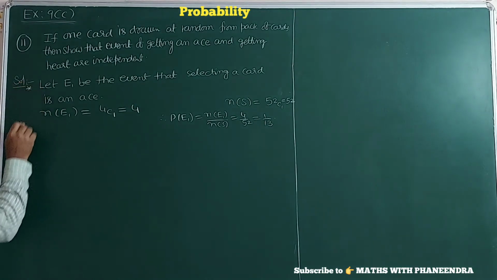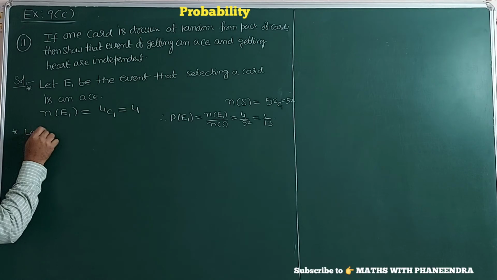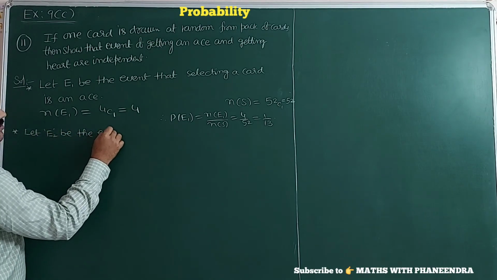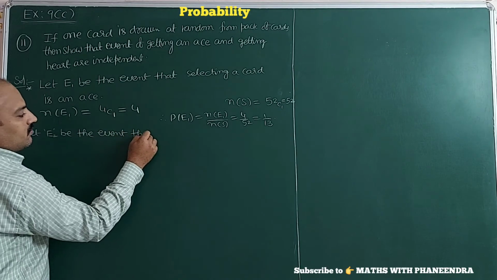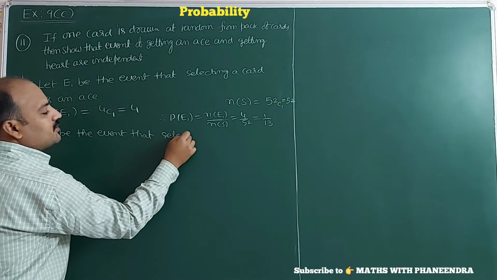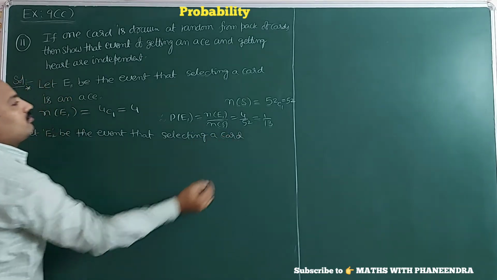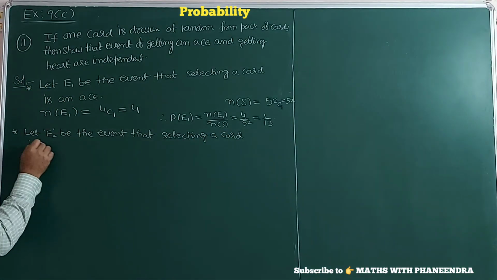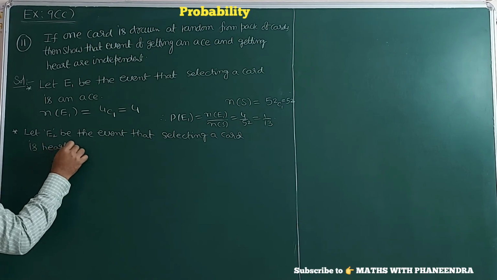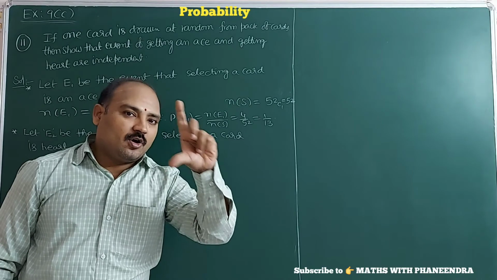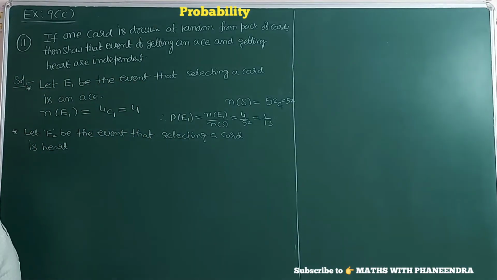Now take the E2 event. Let E2 be the event that the selected card is a heart. So 13 heart cards are there, and from that we can select one.